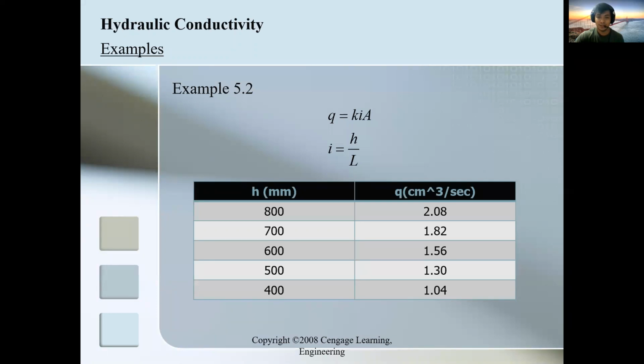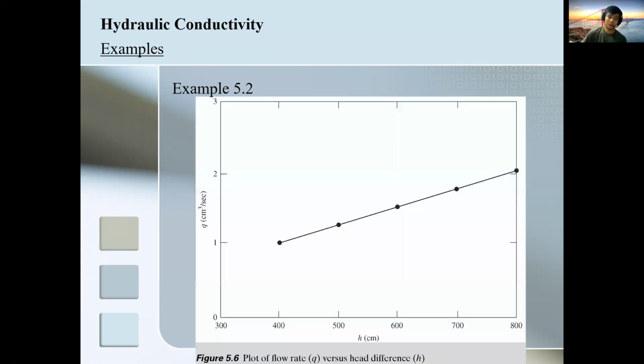Okay, so after determining the different flow rates or discharge per particular head difference, we have to plot H against the flow rate. We can tell that the higher the head difference, the bigger the flow rate.